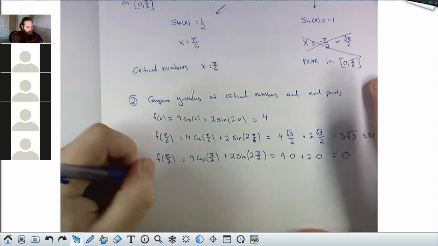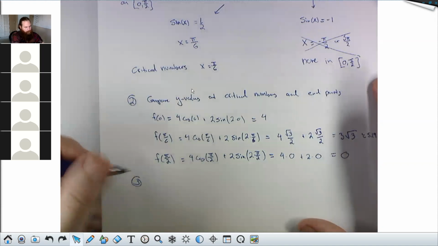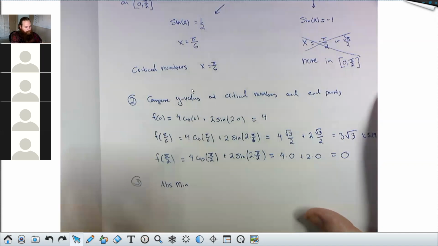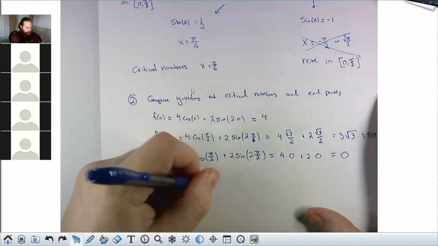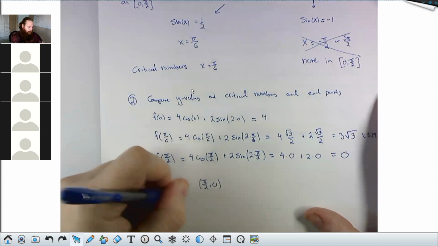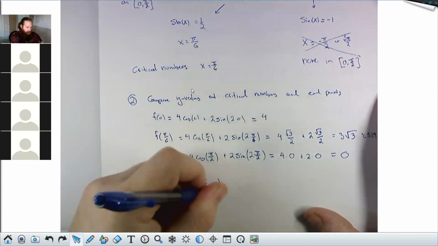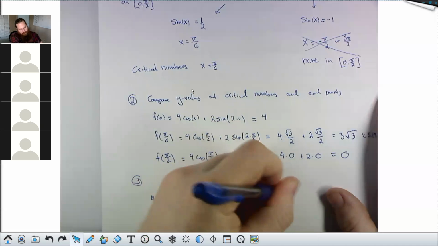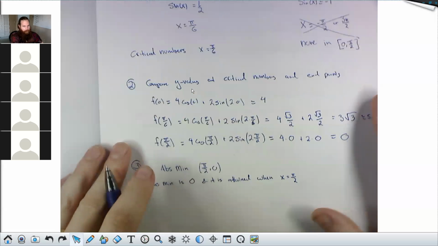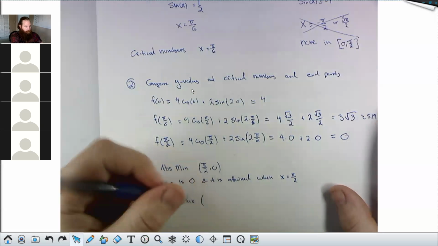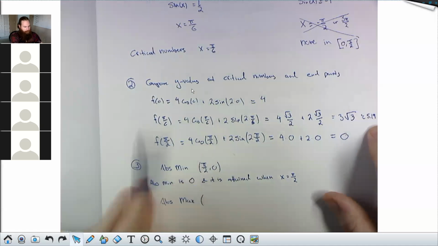So now I compare and write down my absolute max. So my abs min is coming from which point? Well, it's coming from pi over 2 comma 0. So I would say the min value is 0, and it is attained when x is equal to pi over 2, and my abs max is coming from the point pi over 6 comma 3 root 3.